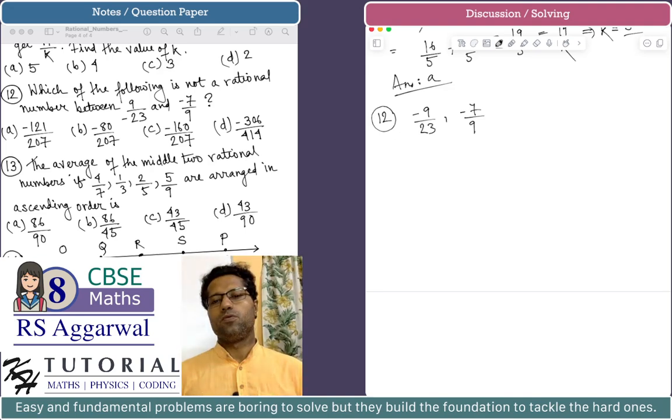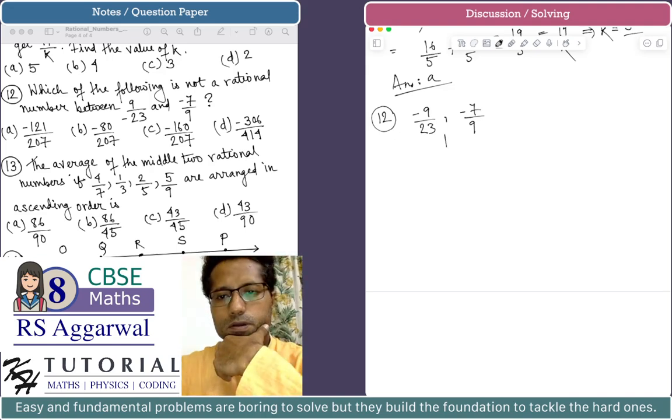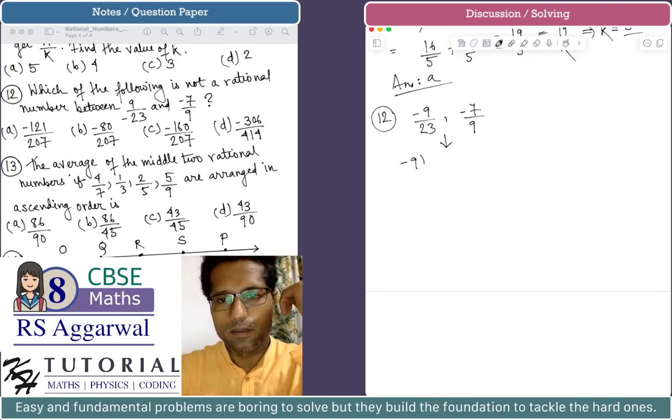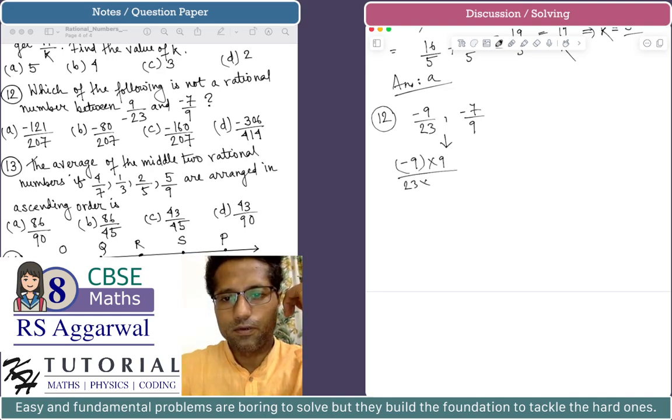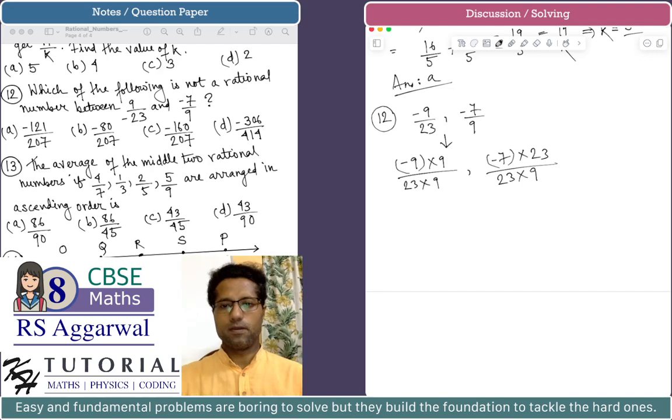Now if we convert these to rational numbers with a common denominator, we take the LCM of the denominators. This will be minus 9 multiplied by 9 divided by 23 into 9, and this is minus 7 multiplied by 23 divided by 23 by 9. So we are converting these two rational numbers to the equivalent form to have a common denominator, which will be the LCM of 23 and 9.